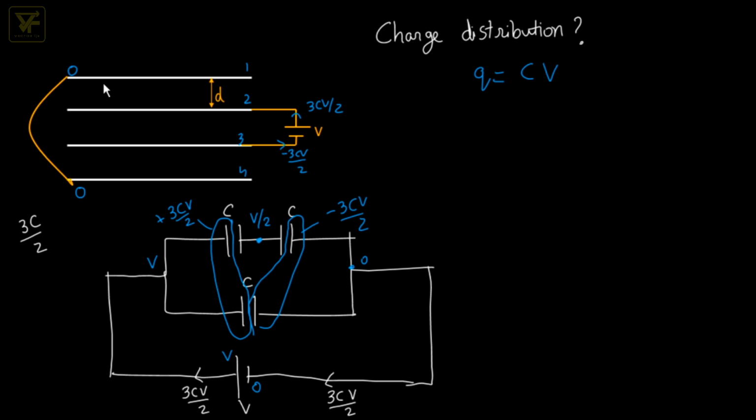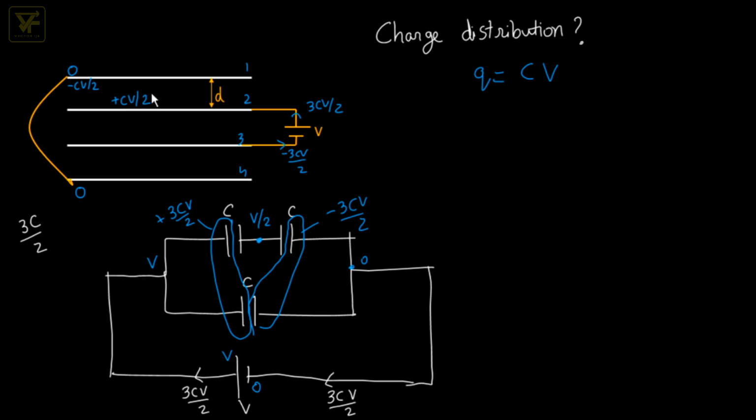Okay, so if this is 0 and the total charge on the capacitor is CV by 2, then here will be minus CV by 2, and on this plate will be plus CV by 2. Yes or no? Minus CV by 2 and plus CV by 2.